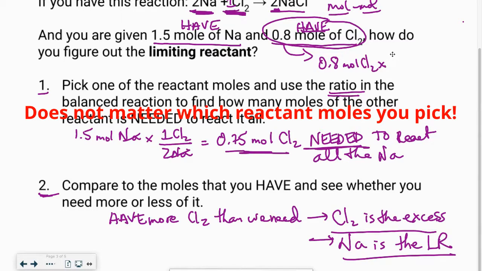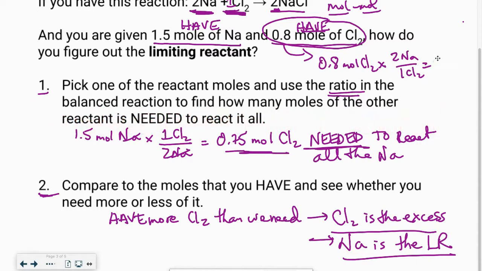In this case, I would put 2 Na over 1 Cl2, and I would end up with 1.6 moles of Na needed to react all of the Cl2. And if we look at what we have, 1.5 moles of Na, we need 1.6. We don't have enough.